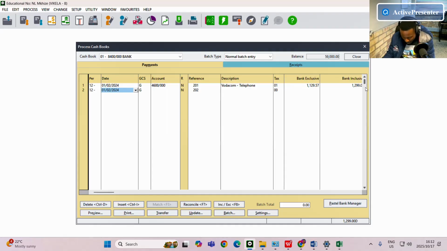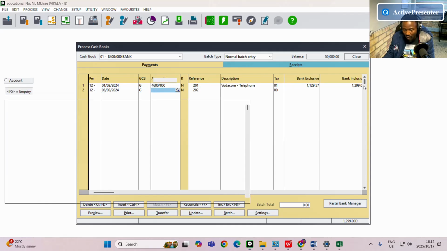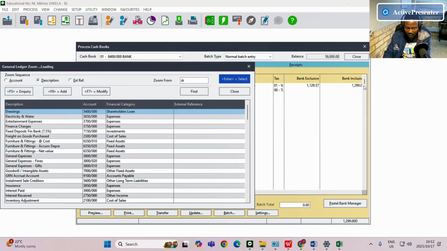The next one is Dunlop, which is vehicle tires for the owner. So it's the third. That's definitely drawings.